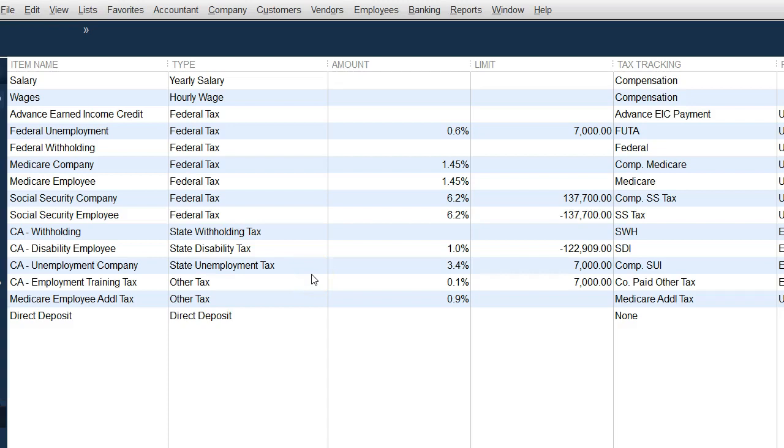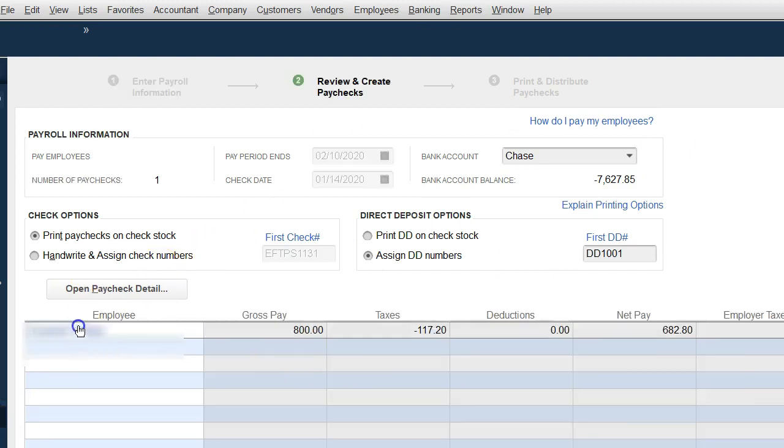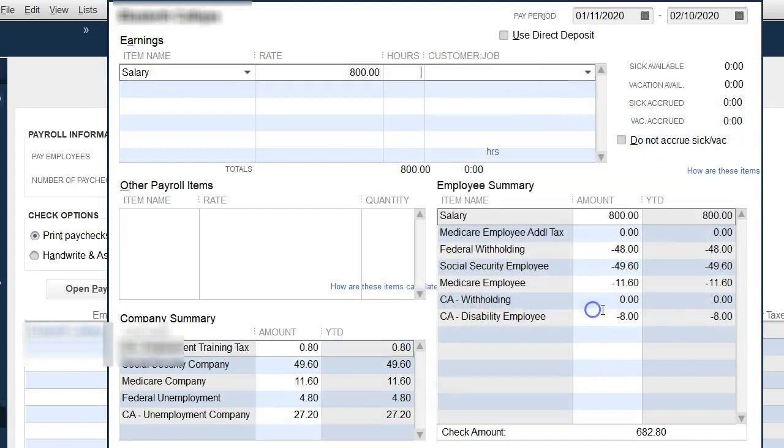So let me show you in an actual paycheck what this would look like. Okay, so here is a paycheck, and over here it says employee summaries.